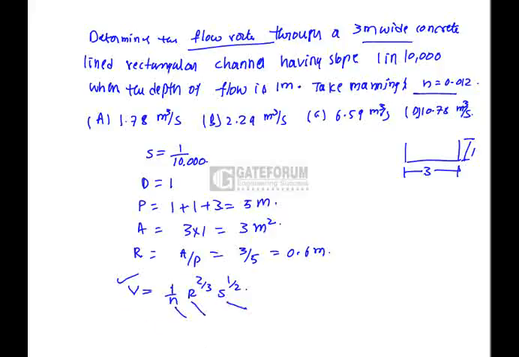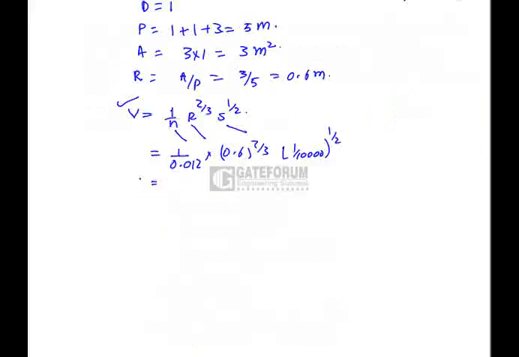We can find out V. 1 by 0.012, R is 0.6 power 2/3, S is 1 in 10,000, that is equal to 0.6 meters per second. So the discharge Q is equal to AV, that is equal to A is 3 into 0.6, 1.8 cubic meters per second, that is 1.78.